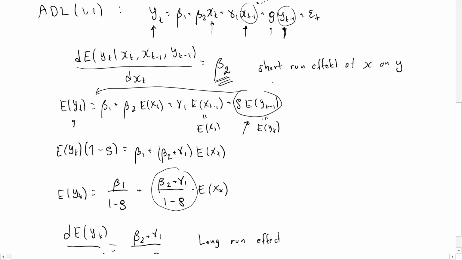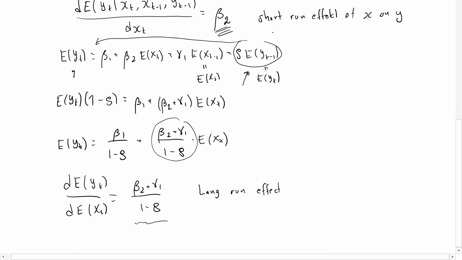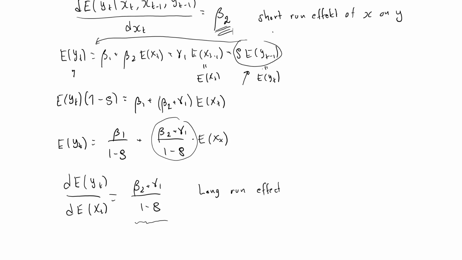So the short run effect for all ADL models is beta 2. For the long run effect, it's very similar. The only thing that will happen is that this parenthesis here will become beta 2 plus gamma 1 plus gamma 2 plus gamma 3 and so on. So we just need to attach the remaining gammas into the numerator of this expression.